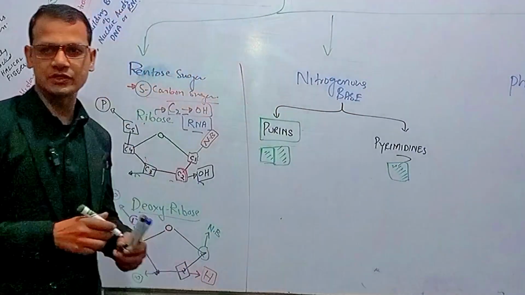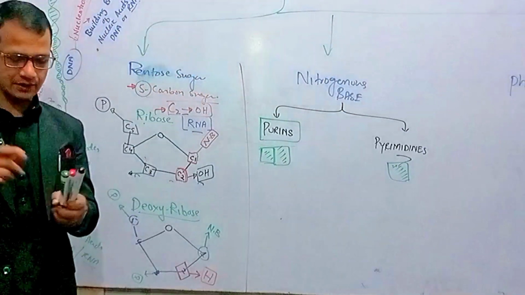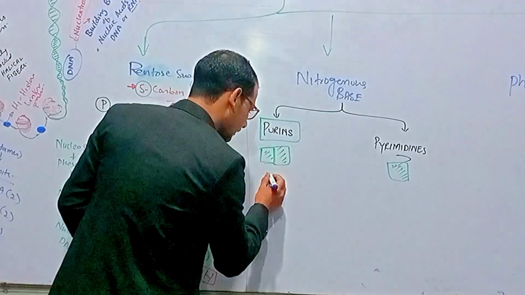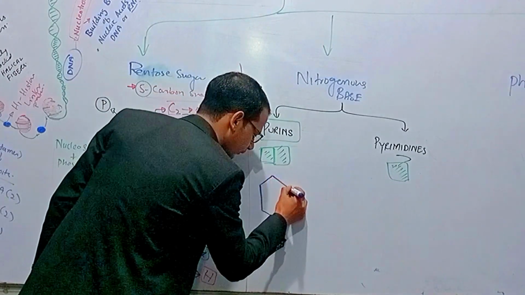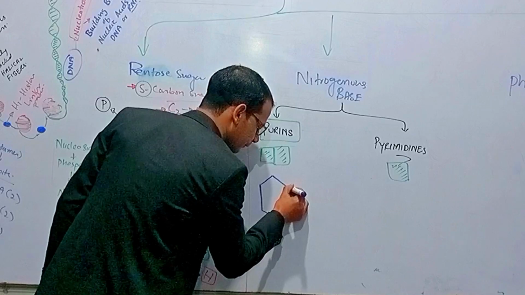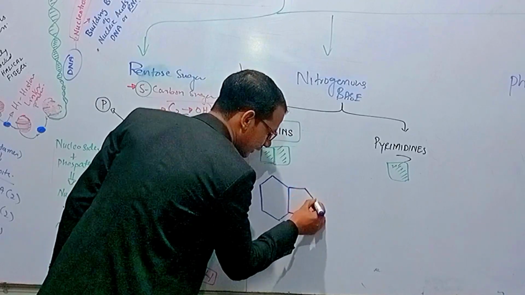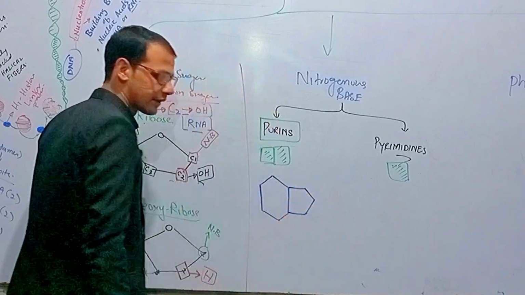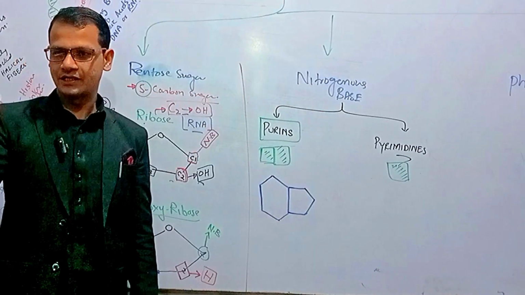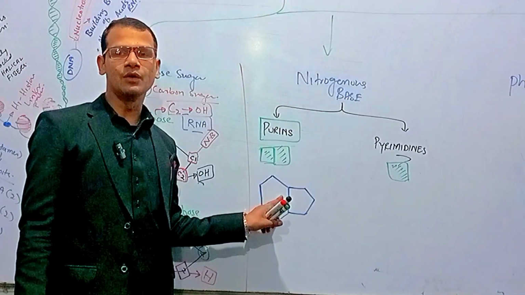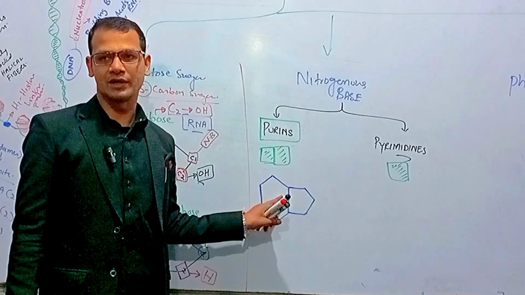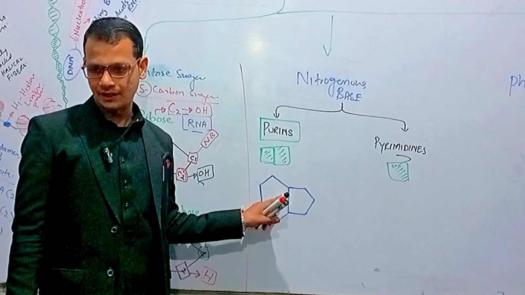The general structure, remember this general structure, right? It has one 6-carbon ring and one 5-carbon ring. Remember this forever. In purines we count the carbons anti-clockwise.